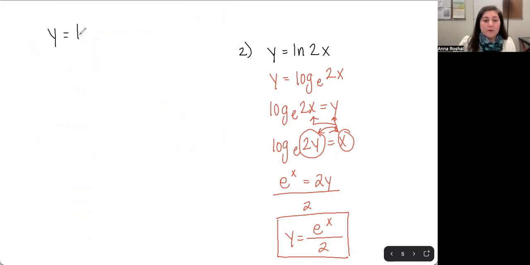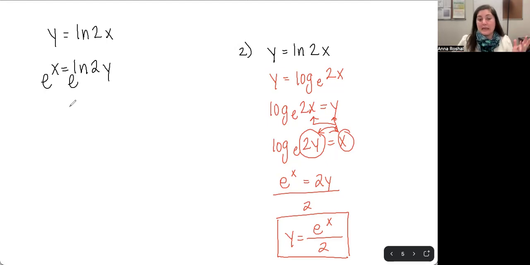So if I have y equals ln 2x, they flip-flop this. So they go x equals ln 2y. And then they e it. I don't even know what the proper term that they use in the classroom is, but they e it. And so essentially they say e to the x power is e to the ln 2y power.